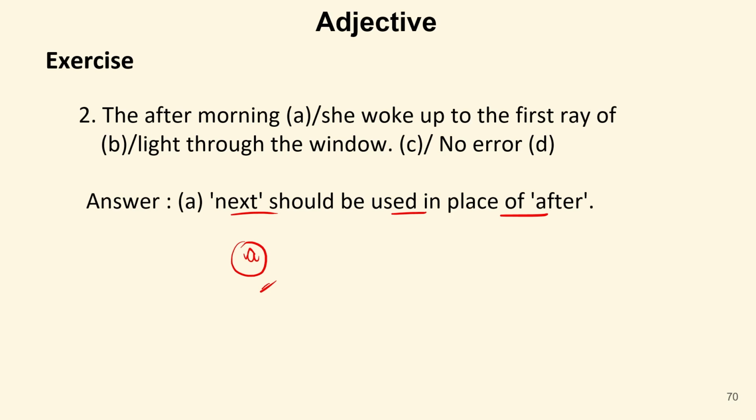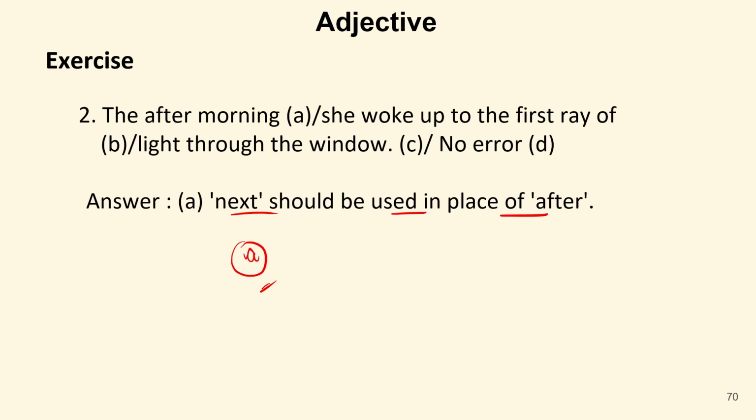If there is a spotting error question, we can maybe locate where the error is by just reading the sentence. But sometimes we do not know the rectification of that particular wrong part. So it is very important to know each and every concept, because if sentence improvement questions come, we have to rectify them as well. So we have to learn the right concept so that we can identify the wrong one. Also, we can replace it with the right one.